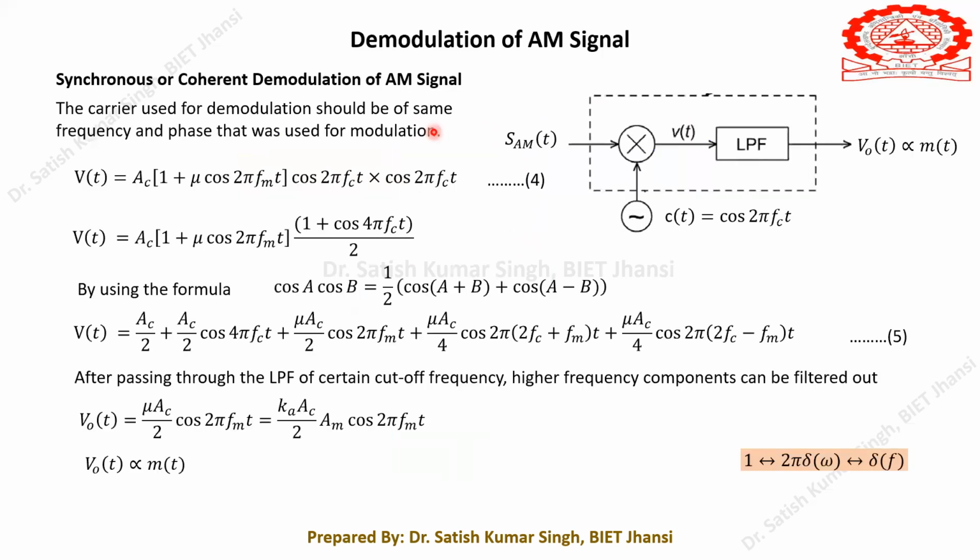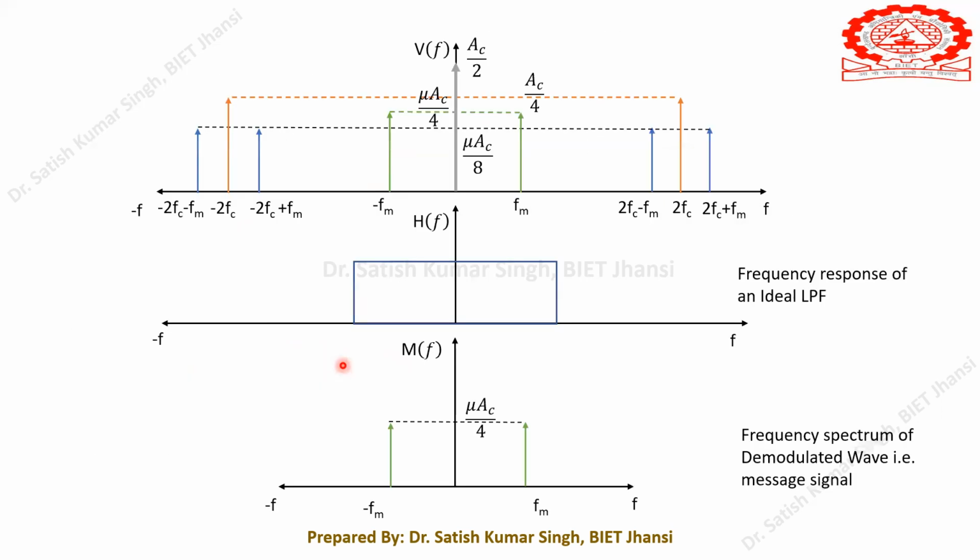If you go back to the previous slide, you can see that we have one frequency component cos 2 pi fm t, whose magnitude is mu Ac by 2. When we calculate the Fourier transform, it becomes mu Ac by 4. So we have this component, whose magnitude is mu Ac by 4, at fm and minus fm.